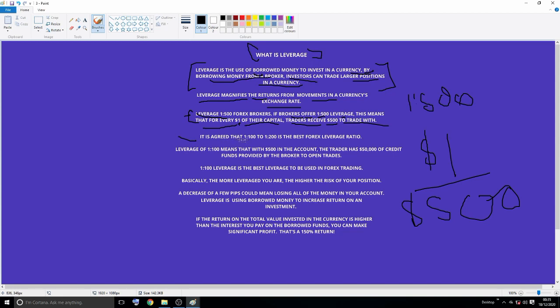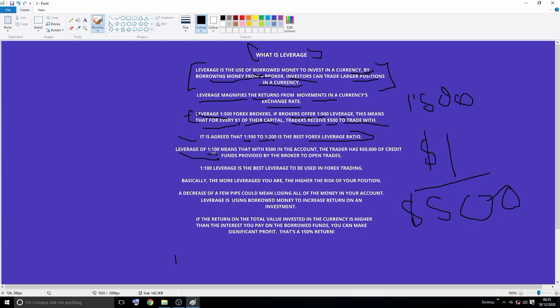It is agreed that 1:100 to 1:200 is the best forex leverage. Remember, the higher the leverage, the higher the risk. So if you are using high leverage, you are at high risk of losing a lot of money.